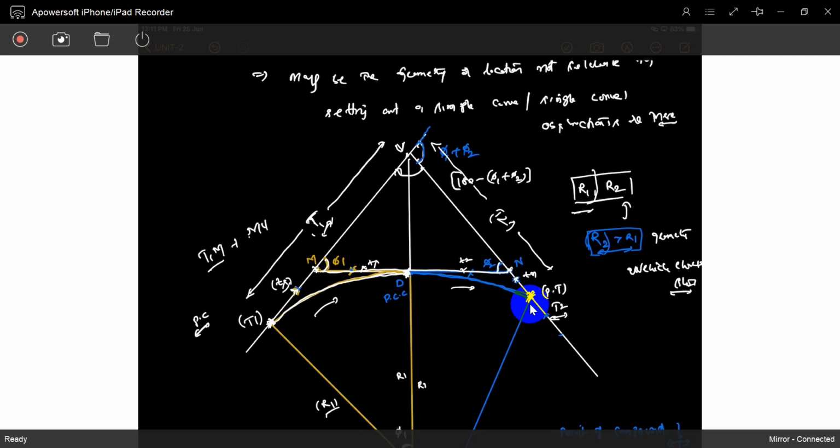But how do we set out the compound curve? It's not in the syllabus, no need to discuss it. If you have an interest, you can search and do it. Once again, curves are very important in transportation engineering. I already said the importance in the first class.